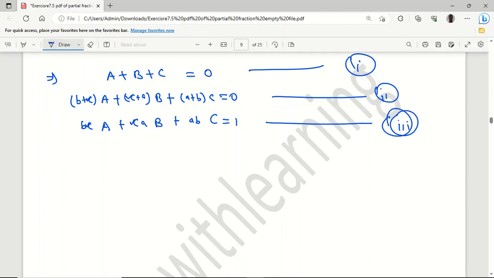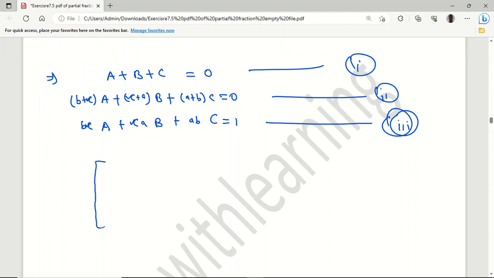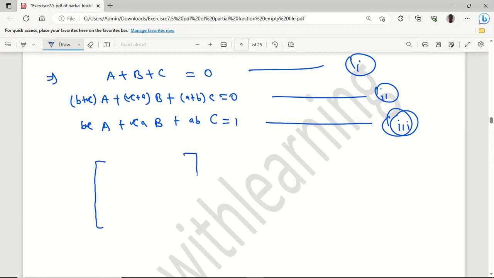Now we have three equations with three variables, so we can solve this type of system of equations. Either we can apply the matrix method to solve it, which was there in the first part even.